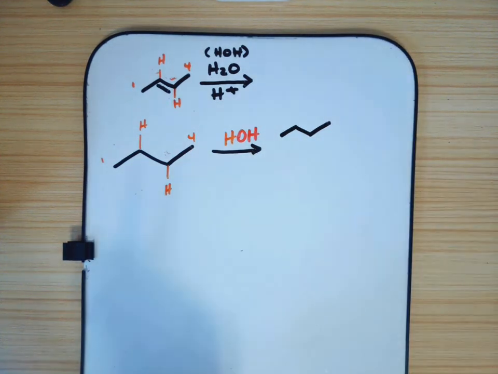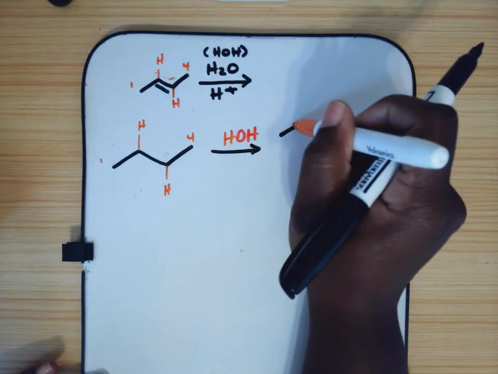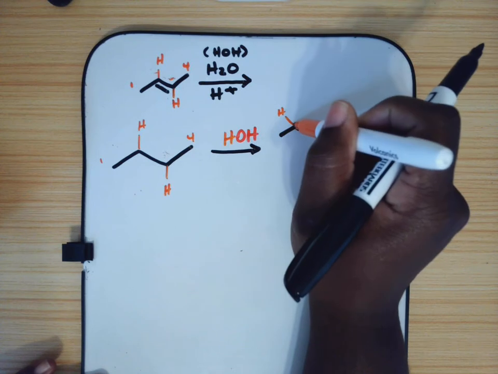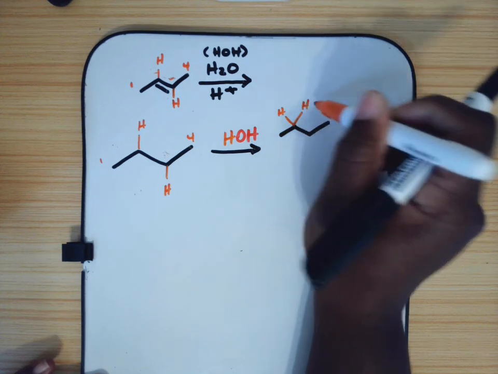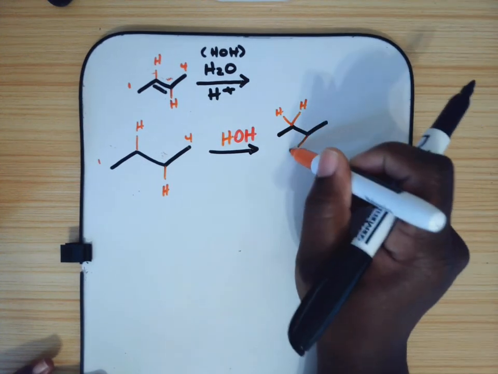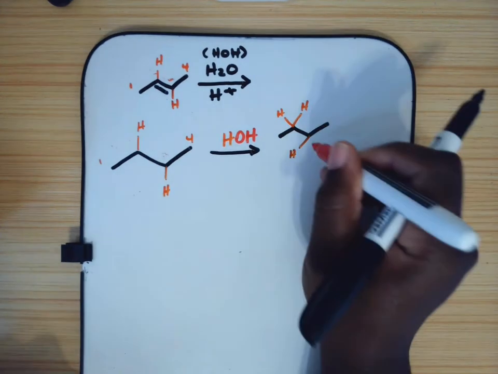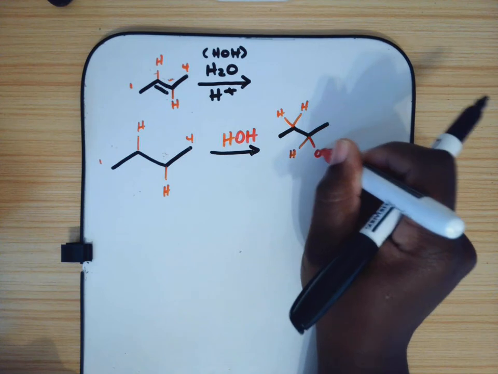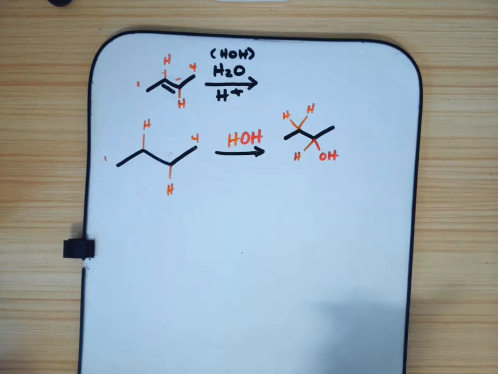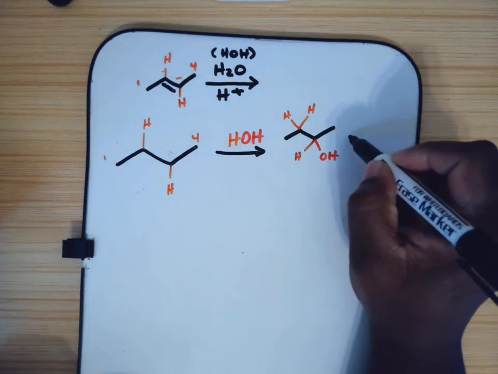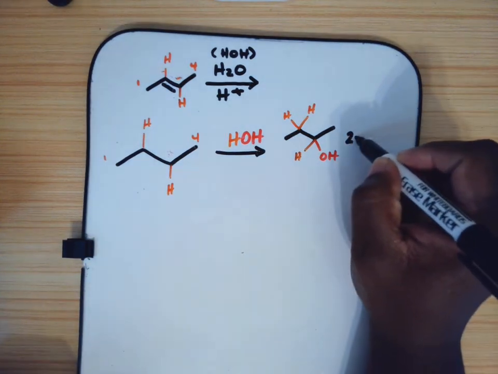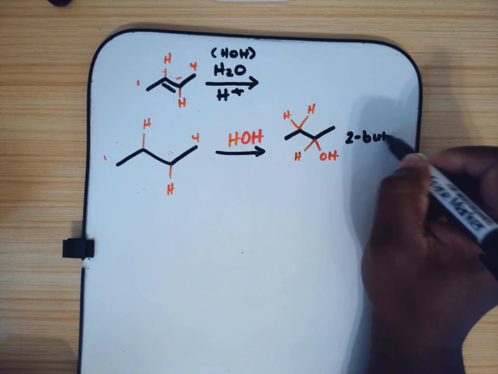I can say that my second hydrogen goes to that carbon. I have 1 hydrogen on carbon 3. I can show this hydroxyl here, which of course will end up changing the number, so it's no longer carbon 3. Looking at this, this gives me the structure of 2-butanol.